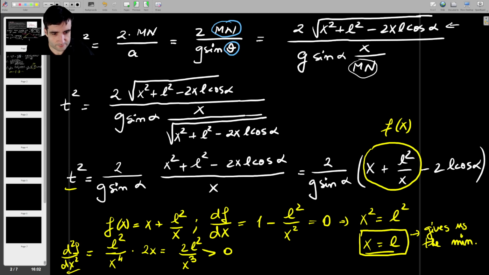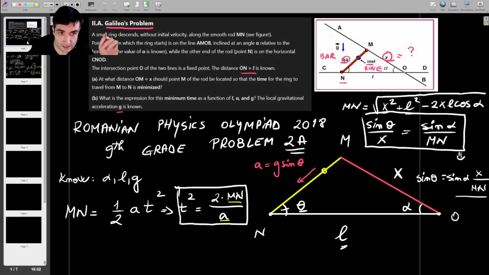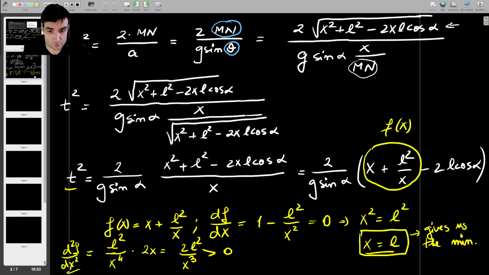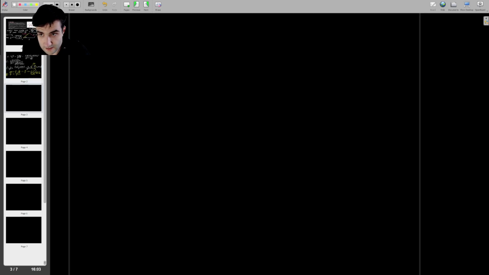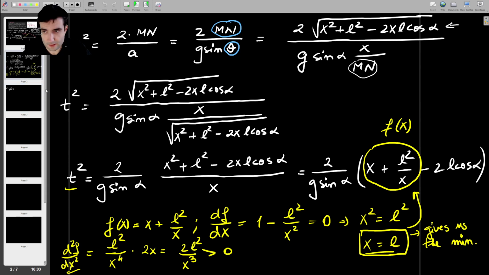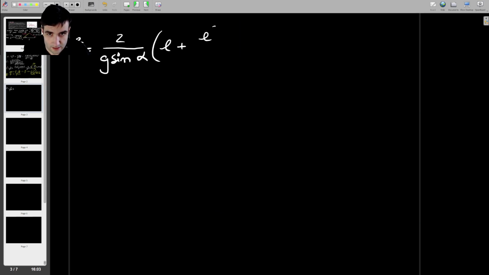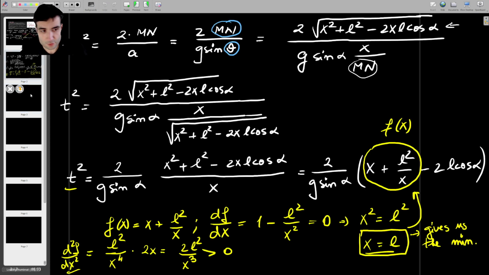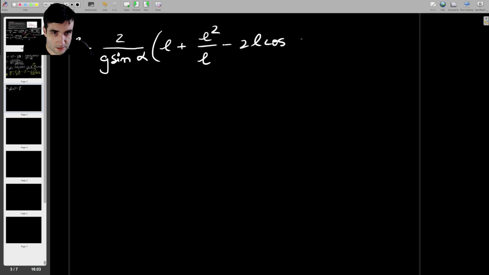Okay, so we found the value of x which minimizes the time in which the ring can slide from point M to point N. So all we have to do now to find the time itself is just take this x and plug it back in here, which is going to give us that t squared equals 2 over g sine alpha, and then in brackets we have L plus L squared over L minus 2L cosine of alpha, which is t squared is equal to 2 over g sine alpha.